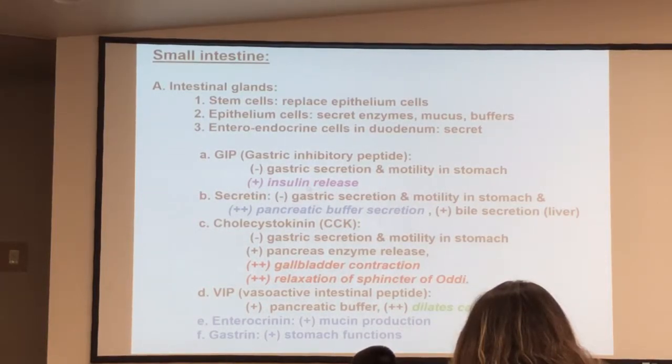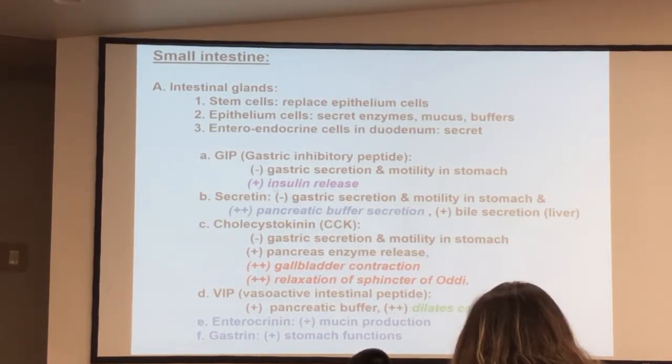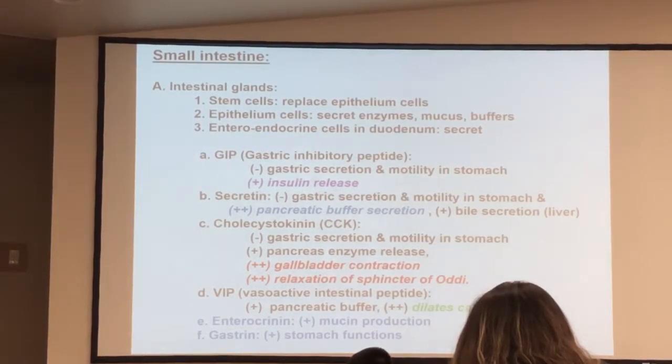GIP will increase insulin release, because we have food there that reaches the stomach, and they say, oh, we have more sugar, so we can deposit the glucose. So from the pancreas, they will produce more insulin.